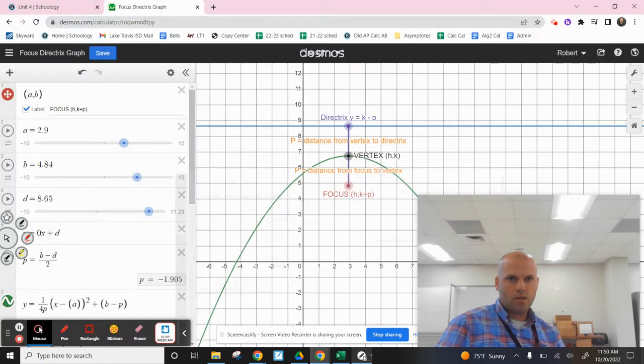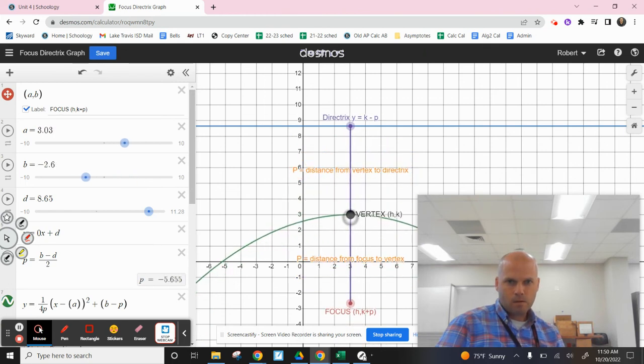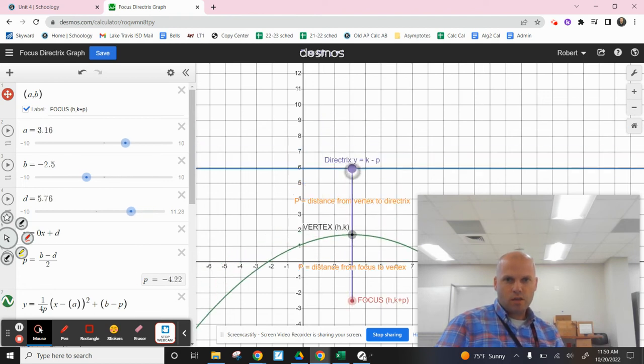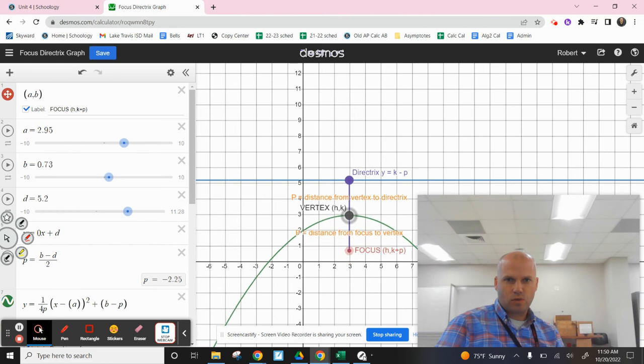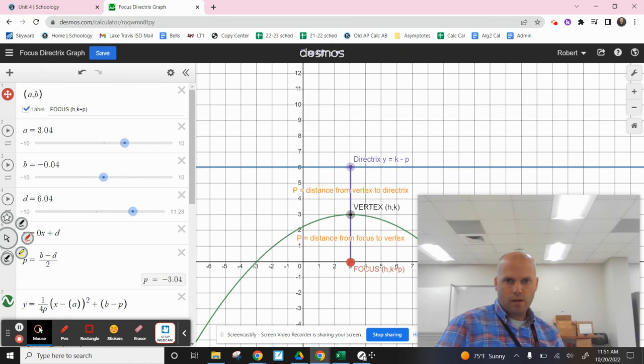Let's move this to (2, 3), down. And then what was p? P was 3. So I have to move this to (2, 3), and then 1, 2, 3 away. Boom.